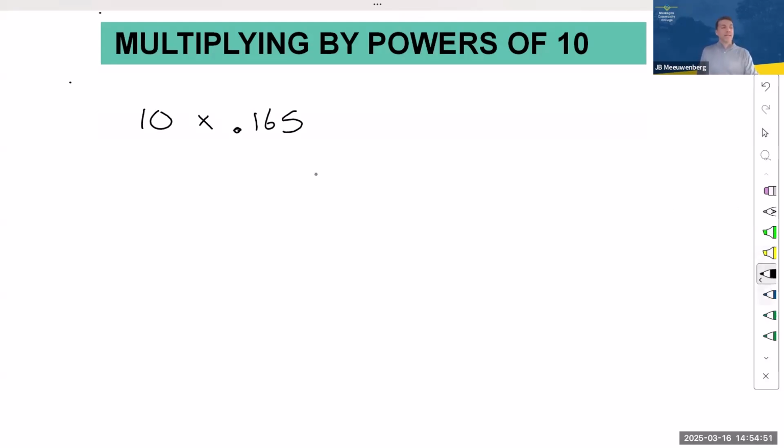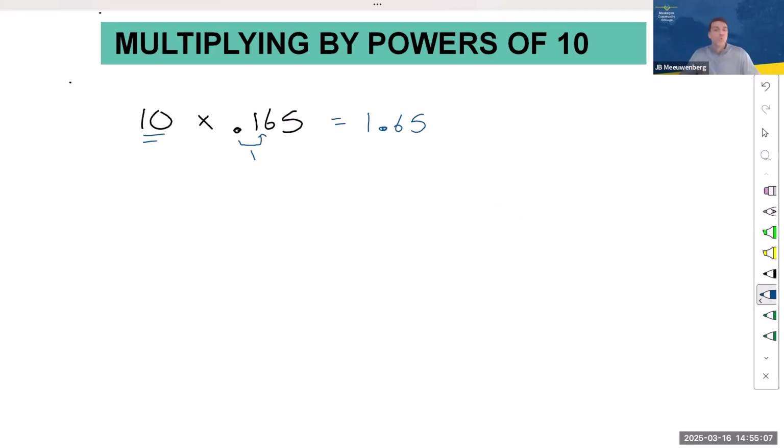When you are multiplying by the number 10, you may have been taught that that slides your decimal one place to the right, giving you 1.65. That might look familiar to you.